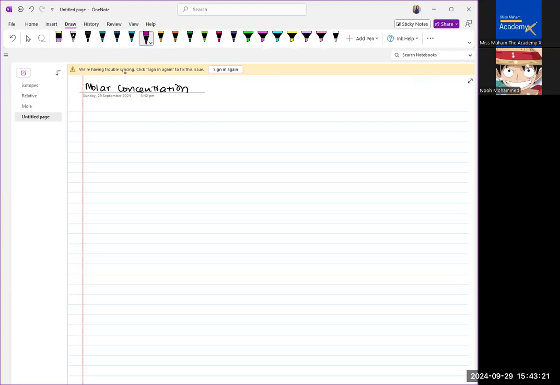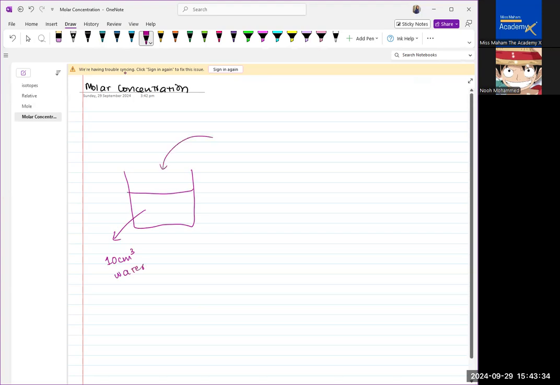For example, I have a cup of water, about 10 centimeters cube of water, and I add 10 grams of salt, that is NaCl, to this. Then I ask you, what is the concentration of this solution? The concentration will be the amount of solute over the amount of solvent.